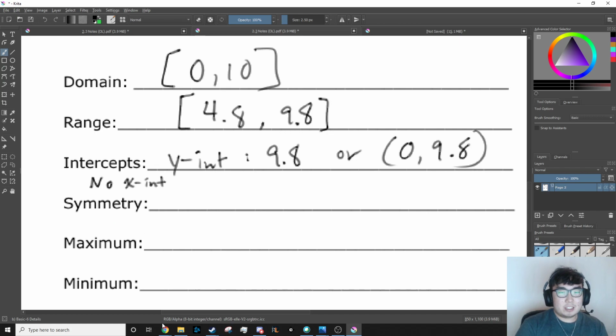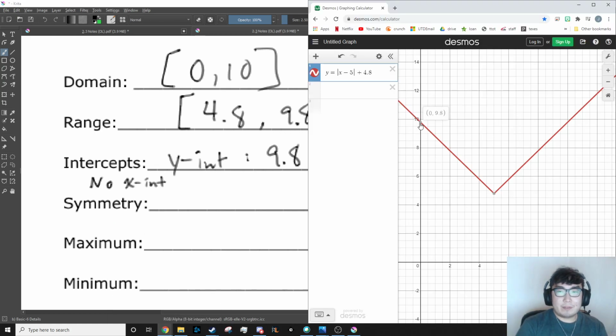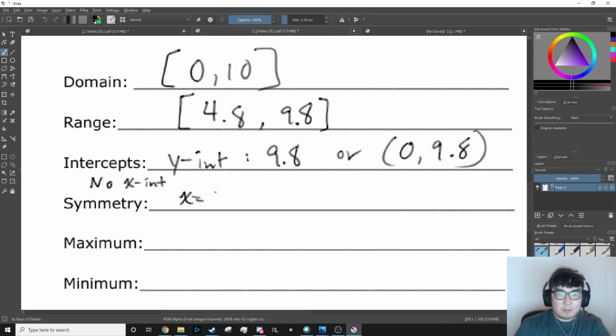The axis of symmetry: we always look at the vertex for absolute values, and we just copy this x value and we write it as an equation. So x is equal to 5 because my vertex is (5, 4.8).